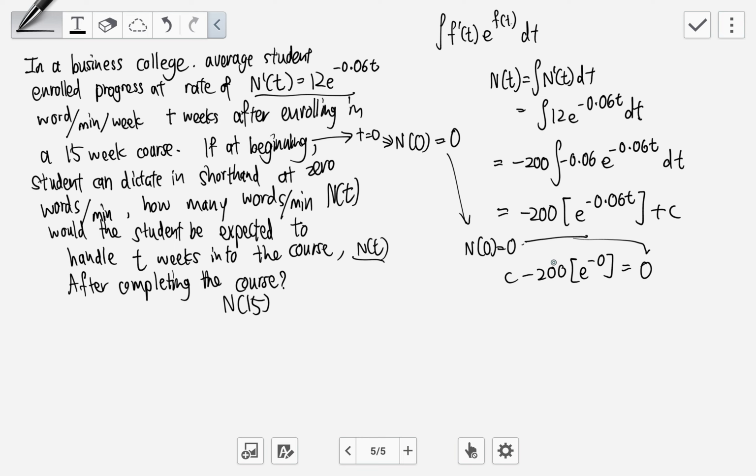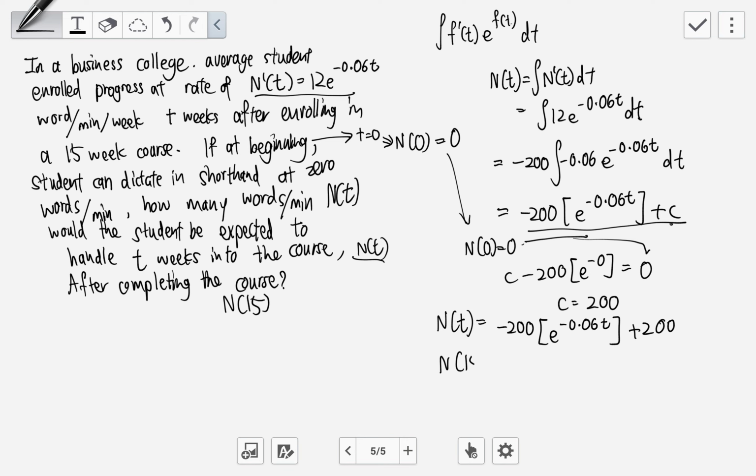So that means my c equals 200, and that means my N(t) equals, no, N(t) comes from here, so you get minus 200 e^(-0.06t) plus 200. That is the number of words that they can type.